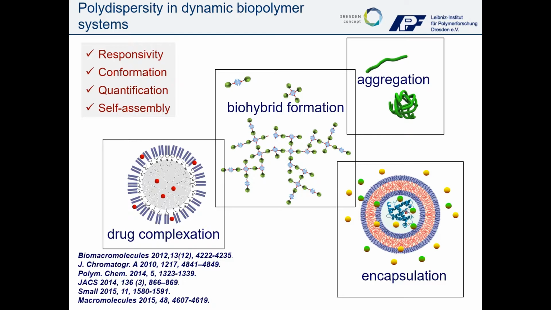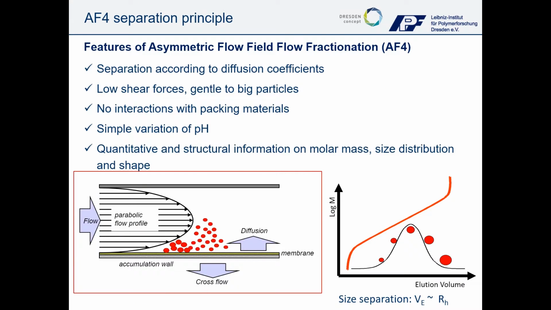These systems are in most cases responsive to external conditions. We have to understand the conformation depending on the situation and the state they have. We have to quantify the amount of drug, for example, and we have to understand the self-assembly of these systems.